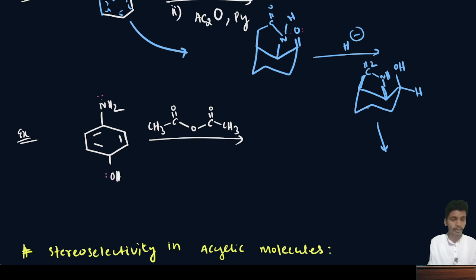Now if you do this lithium aluminum hydride, now you have this acetyl group, that is these groups. Now in this case here this nitrogen is there, this oxygen is there. Since this is not involved in any resonance, now this will attack these groups and this is going to be reduced like this.